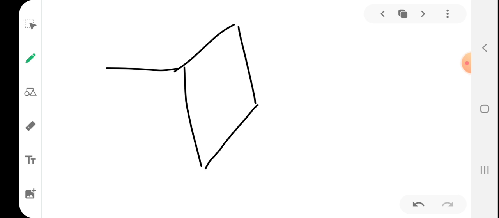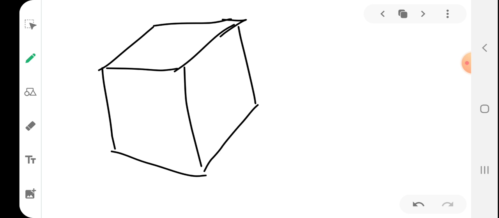I will show you in a figure. So this is the y, x, z direction.